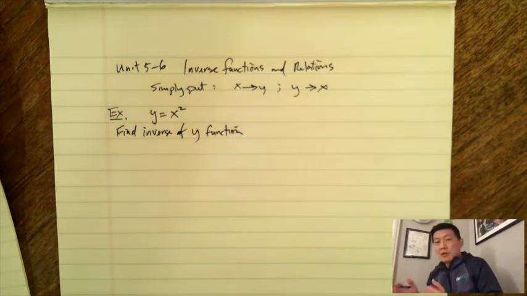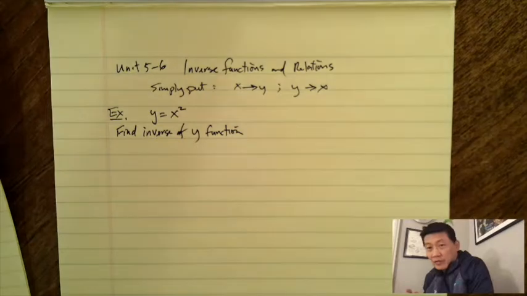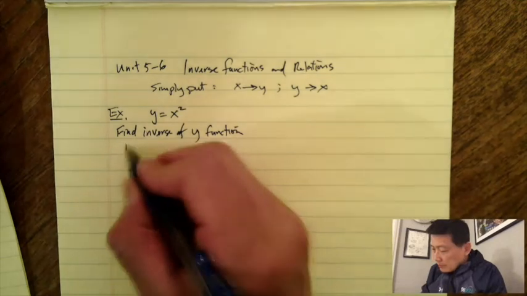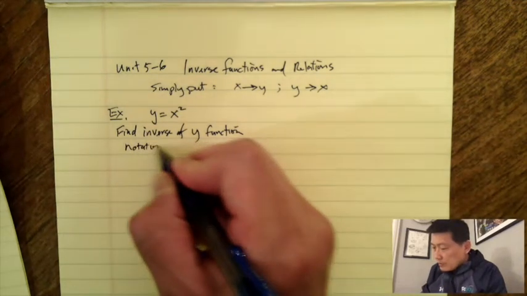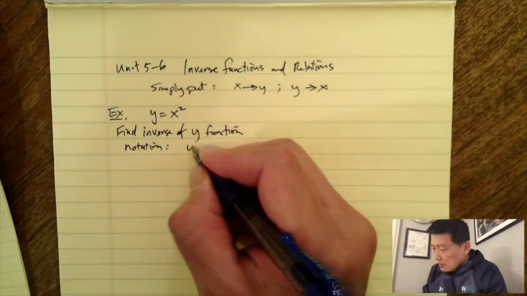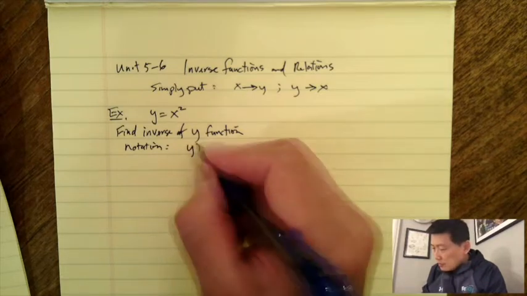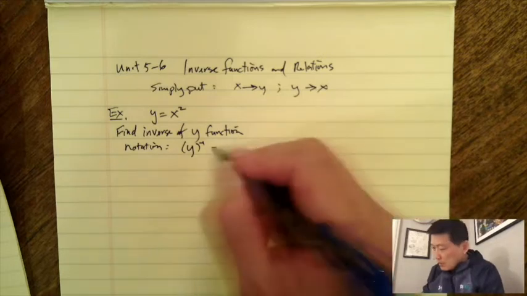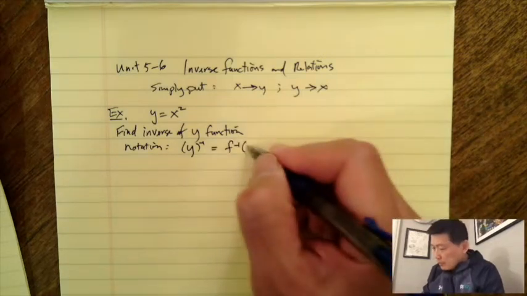Now you can say y is equal to x squared, or you can say f of x is equal to x squared. Doesn't really matter. Now the notation for inverse function oftentimes is y to the inverse function, or f inverse of x.